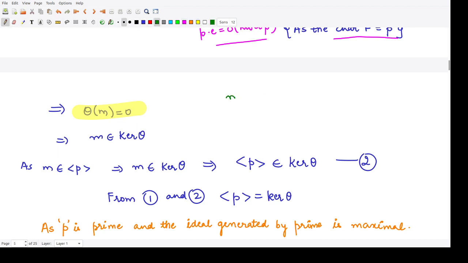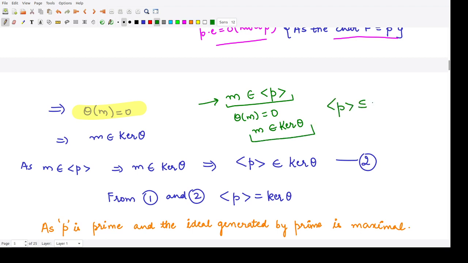You took some element from the ideal generated by P, and because theta of M is equal to 0, this element M would belong to the kernel of theta. So the ideal generated by P is contained in the kernel of theta. This is what we have proved here.